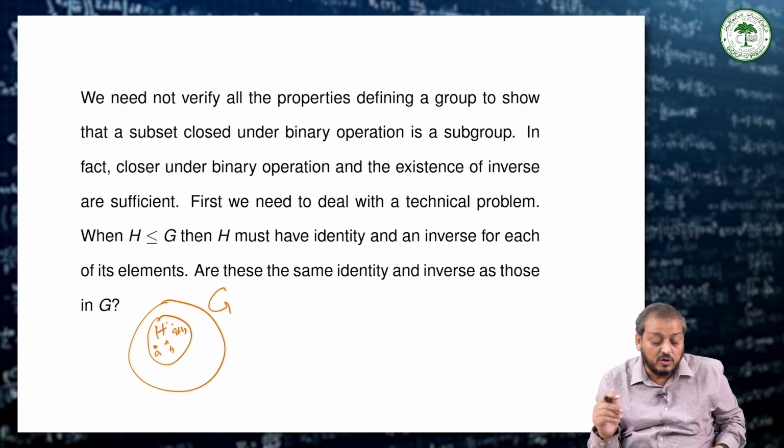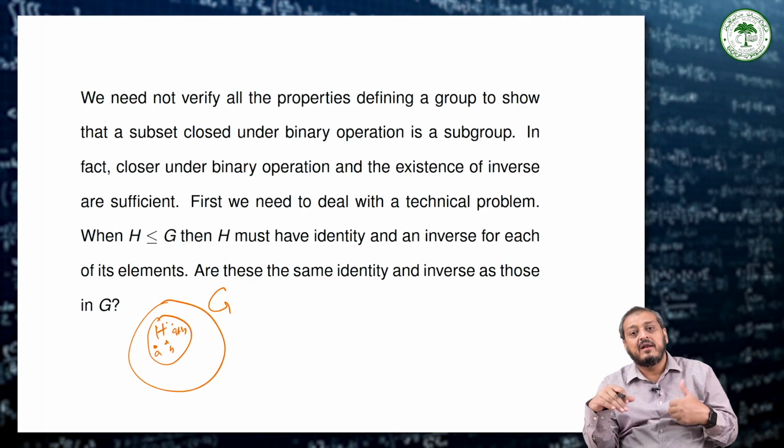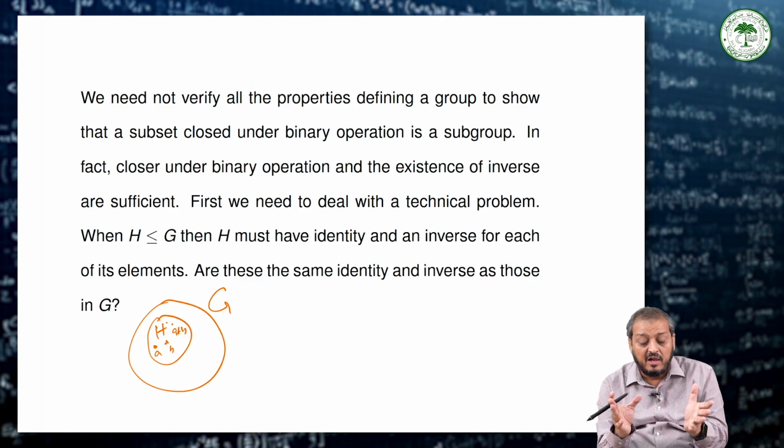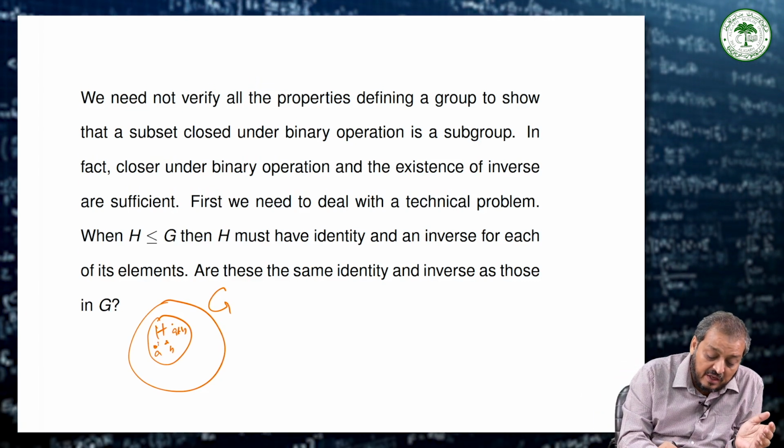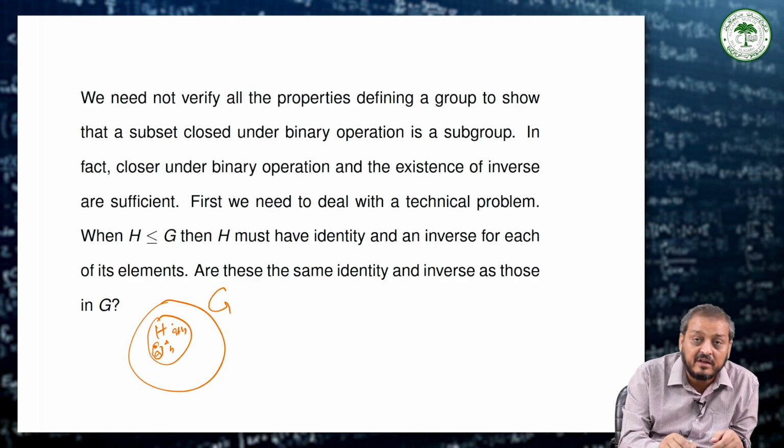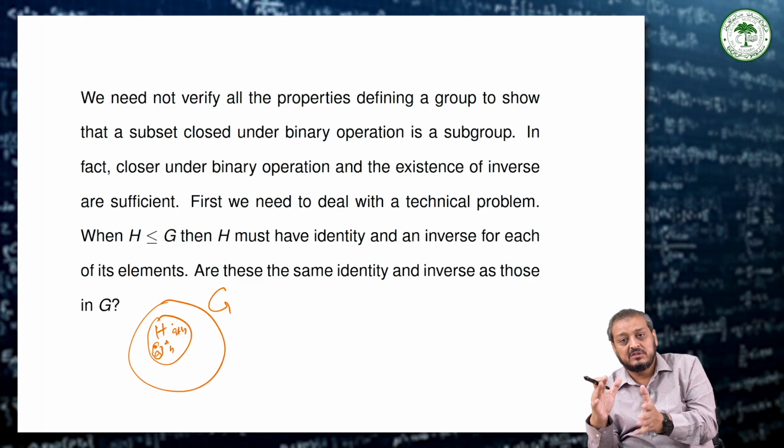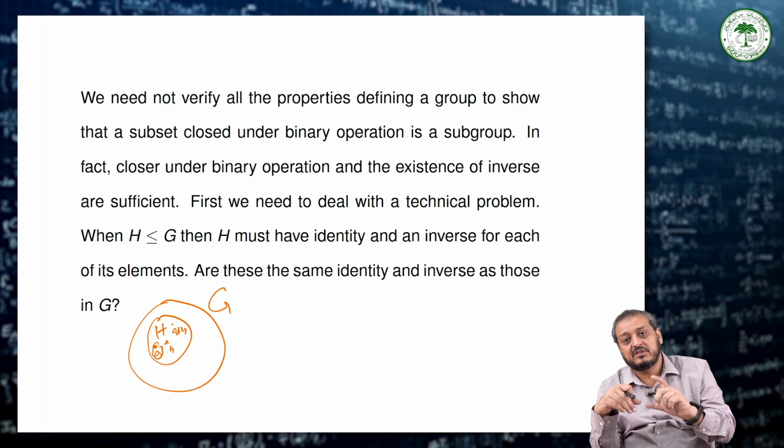Also, the inverse of every element is unique in this set. When we choose A belonging to this set, since A is also in G, its inverse is unique.